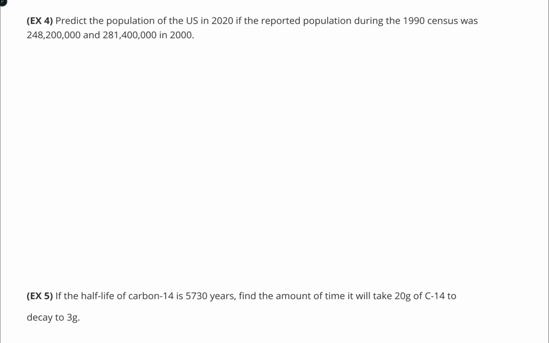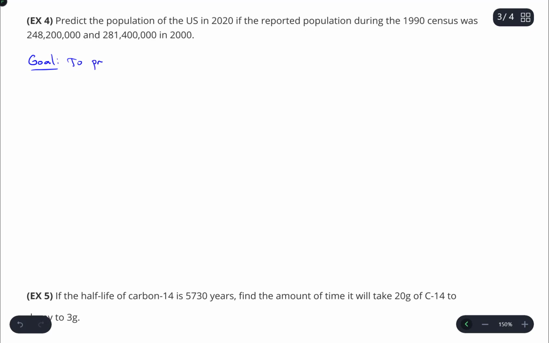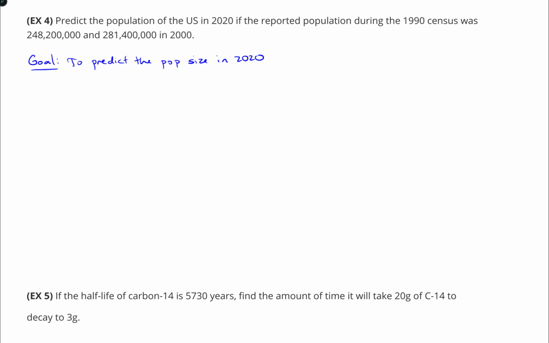So you really need to focus on what it is you're trying to do, what you can use to get there, and let the mathematics walk you through. So our goal in this question is to predict the population size in 2020.